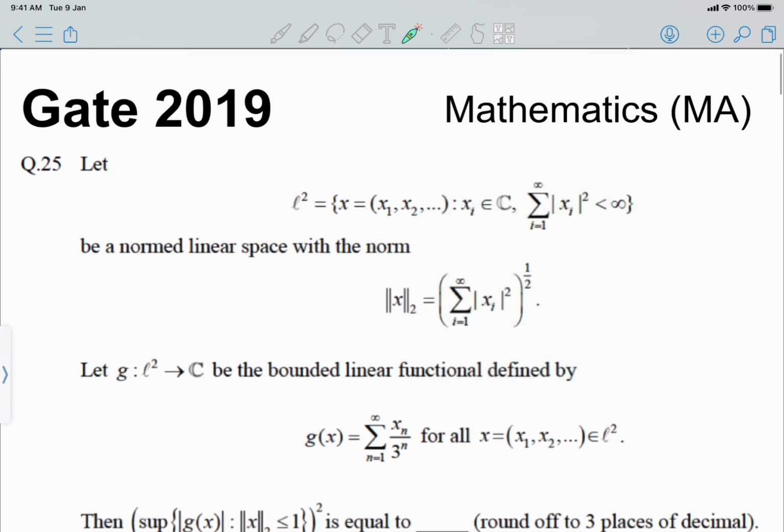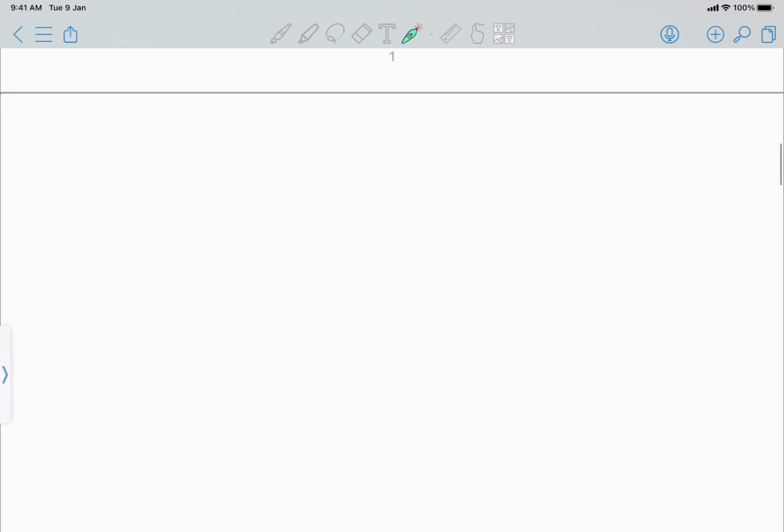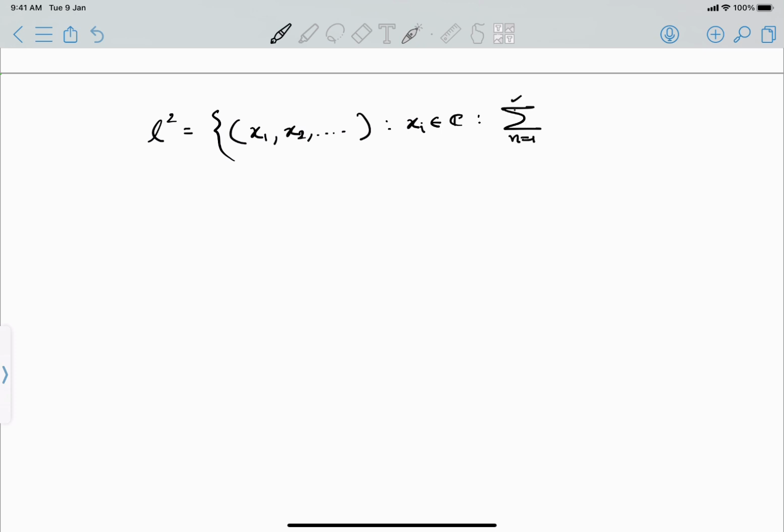Okay, so let's try to solve this one. L2 is given, this is a sequence space. What is the norm for x in L2?